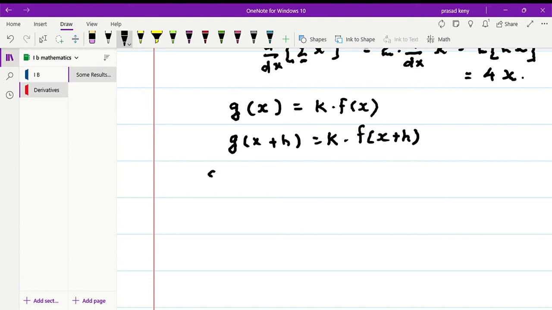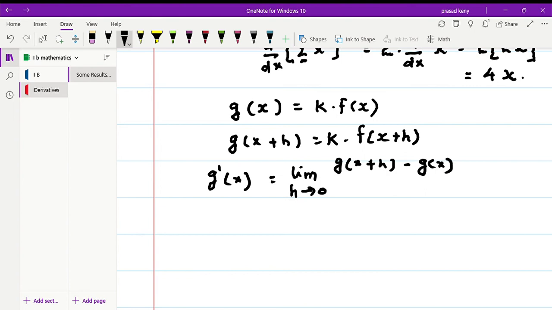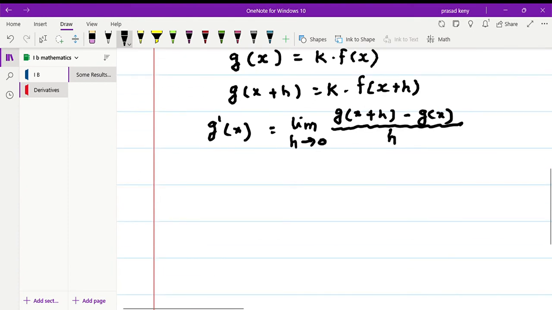And hence now I will write, instead of f dash x, I will write g dash x, and that will be limit as h tends to 0, g of x plus h minus g of x divided by h. So in this case my function is g, so I am using the first principles for g.